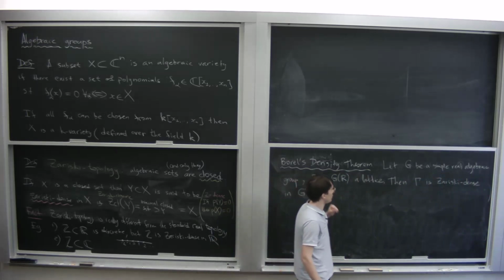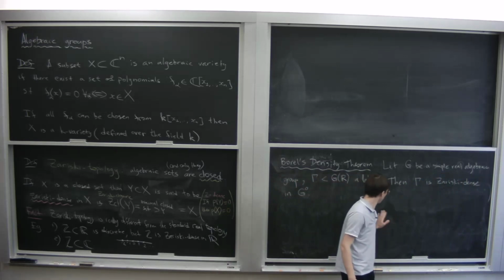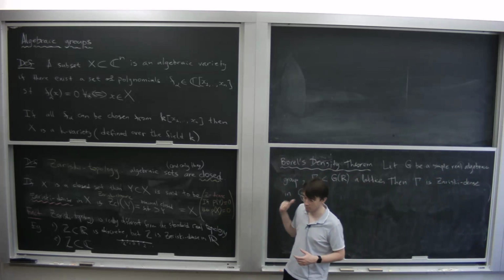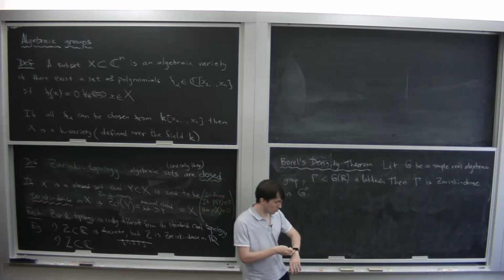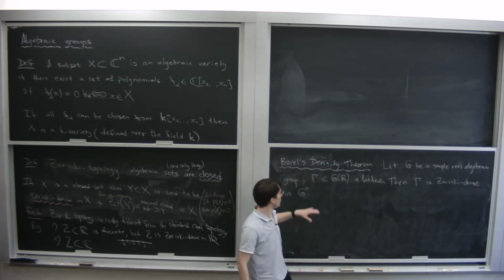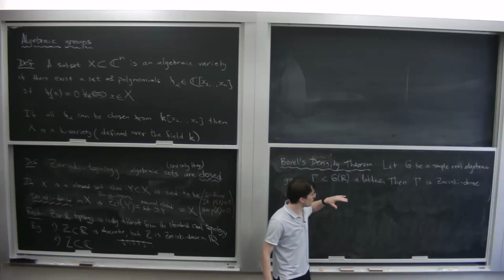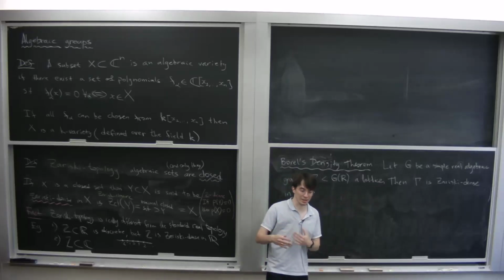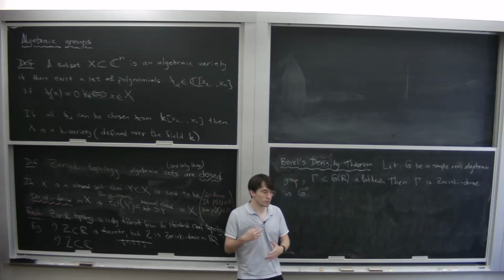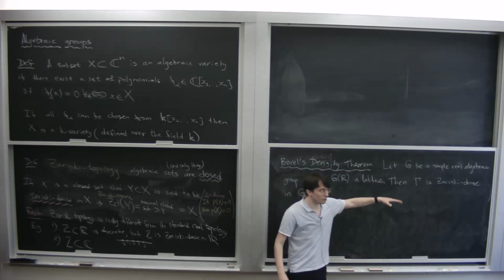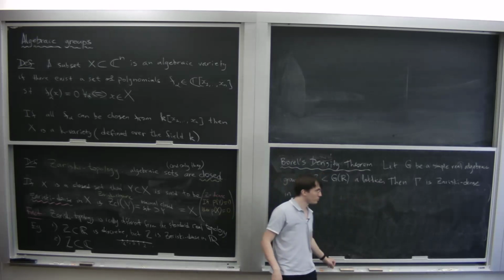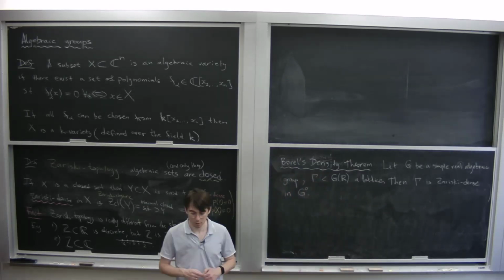So lattices have really nice algebraic properties from this point of view. Now we will make a break, but after the break we will discuss how to check Zariski density. It turns out there is an interpretation of Zariski density in terms of limit sets on the boundary. Okay, now let's make a break.